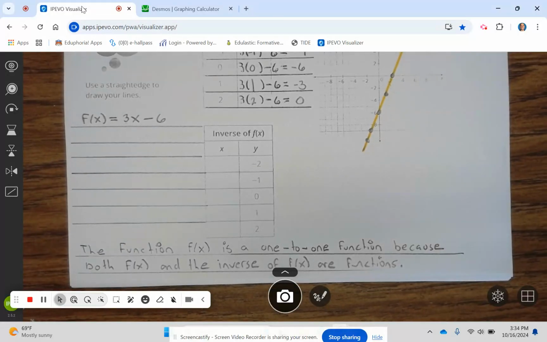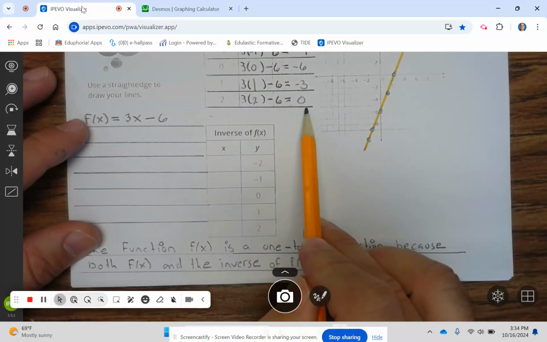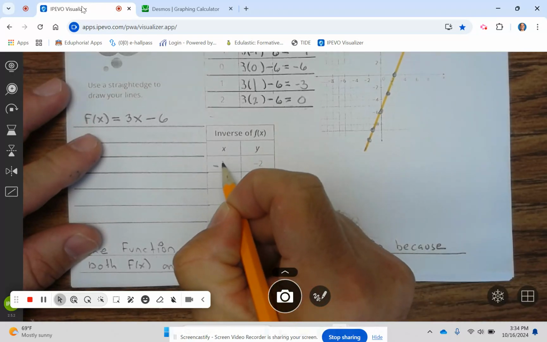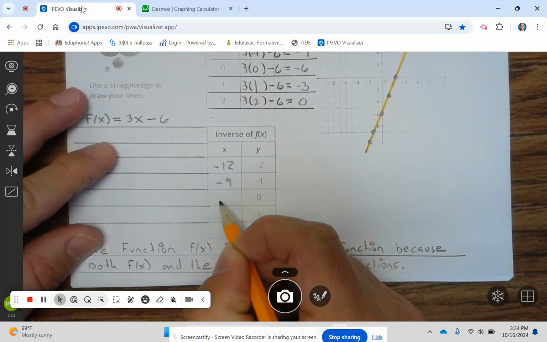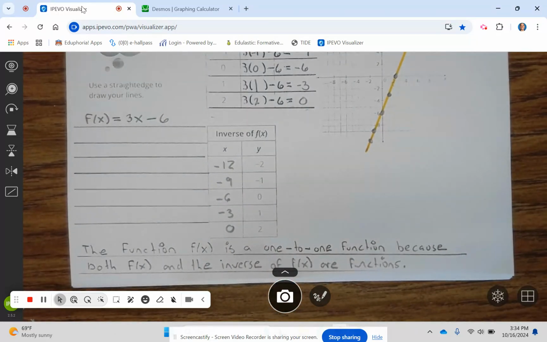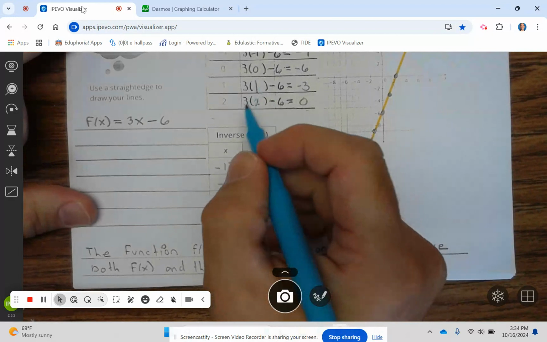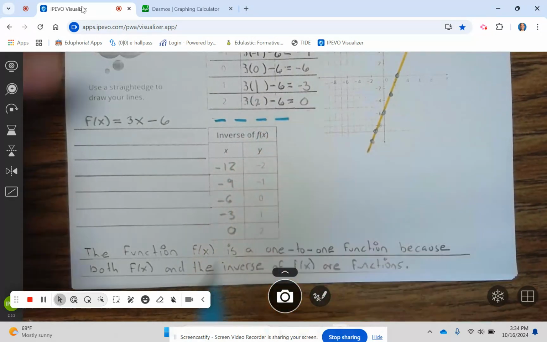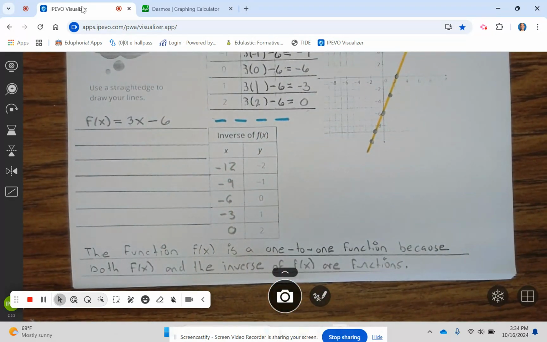All right, now for the inverse, we switch these. So this becomes -12, -9, -6, -3, 0. All right, and let's go ahead and graph that.